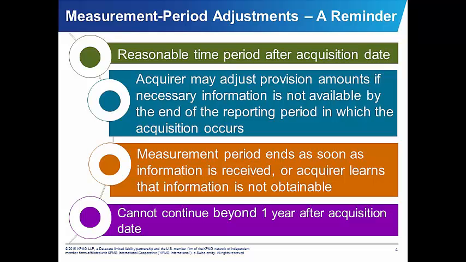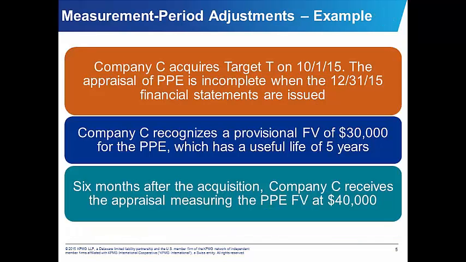Great summary, Casey. Let's walk through a quick example of how ASU 2015-16 impacts a company that needs to record a measurement period adjustment. Assume that Company C acquired Target T on the first day of October. Company C hires an independent valuation specialist in order to obtain an appraisal for the acquired PP&E.